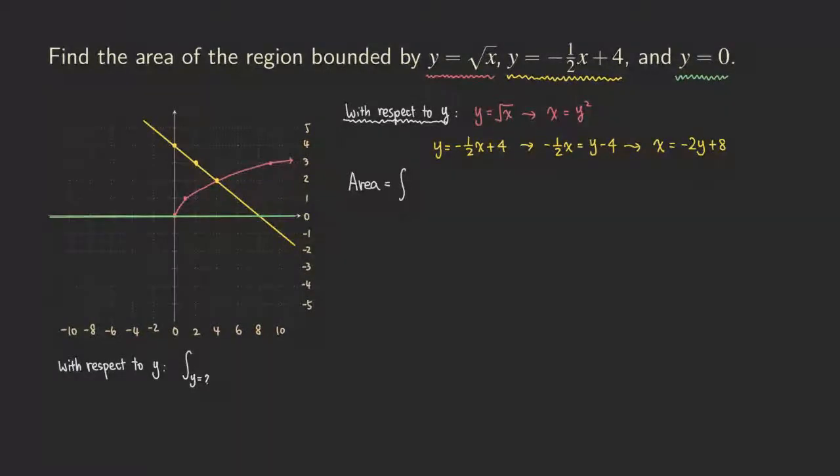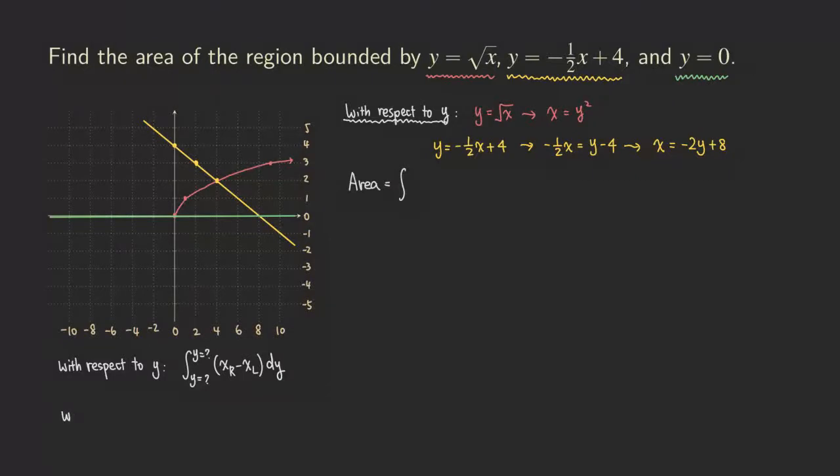So y is equal to something, y is equal to something. So we have the lower bound for y and then the upper bound for y. And then you're going to use the right curve minus the left curve. The capital R here stands for the right curve, and the L here stands for the left curve, right? And then you integrate with respect to y here.